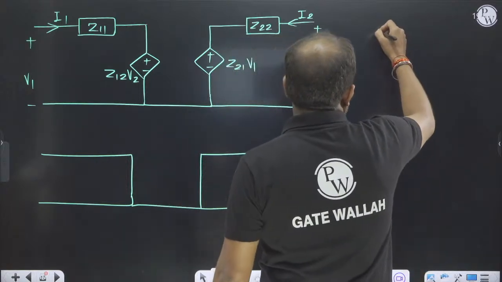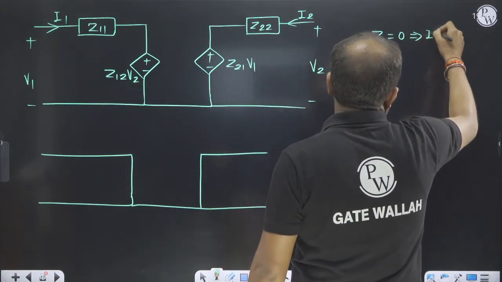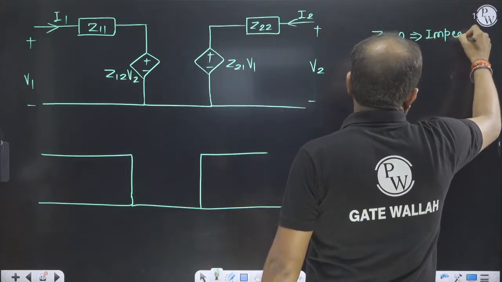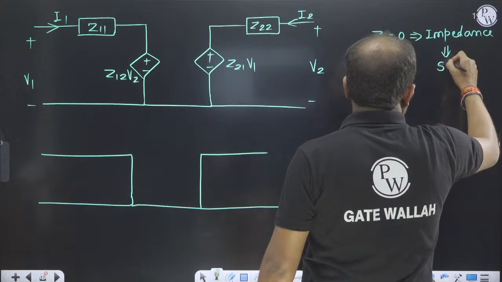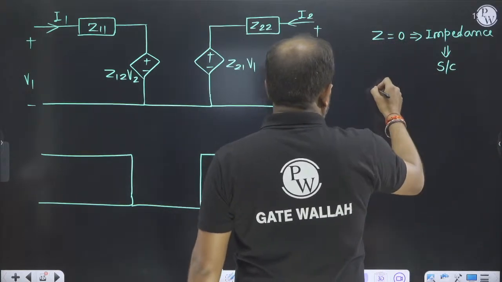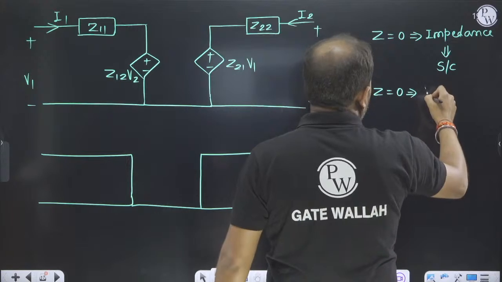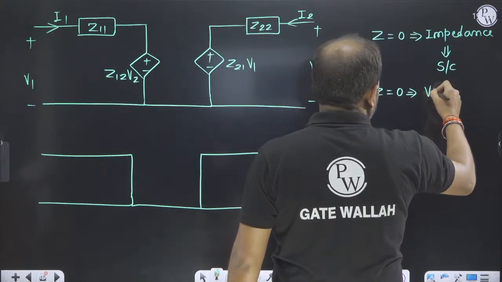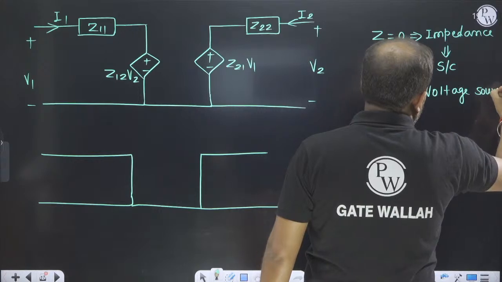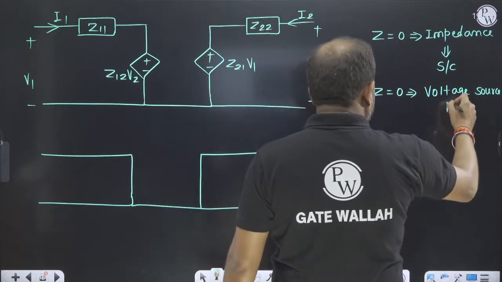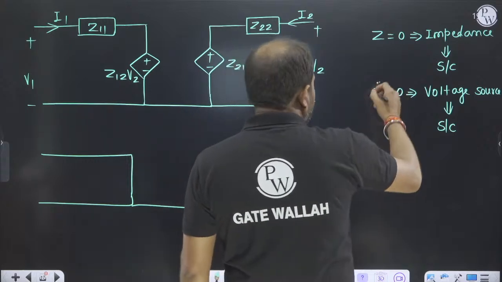So Z is 0, that means impedance 0, that means short circuit. And Z 0, voltage source 0, that means it will also be a short circuit. Try to understand.